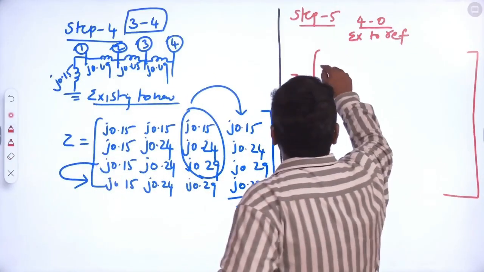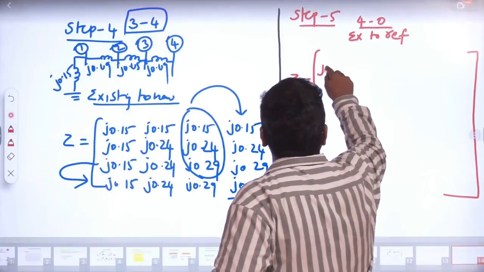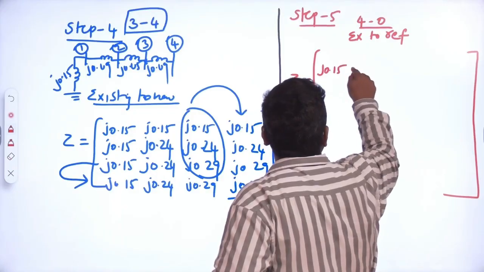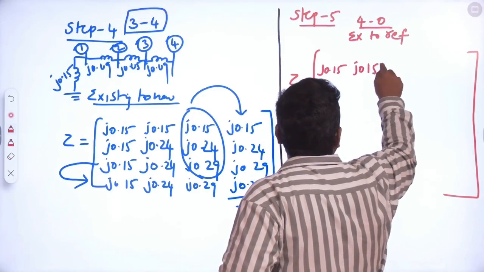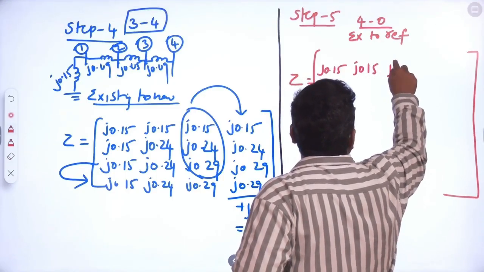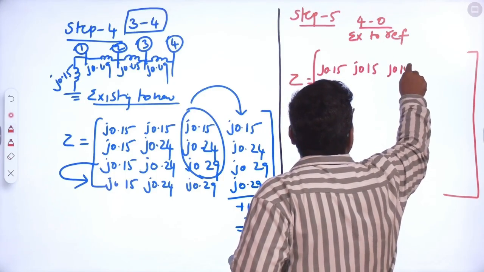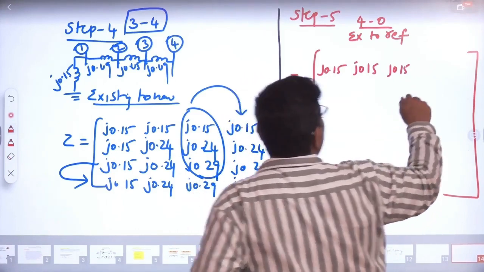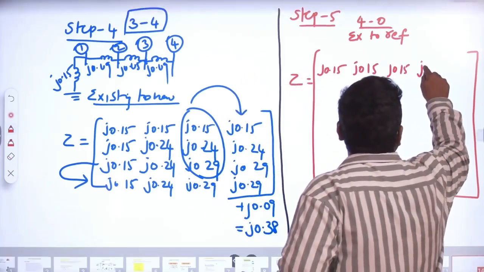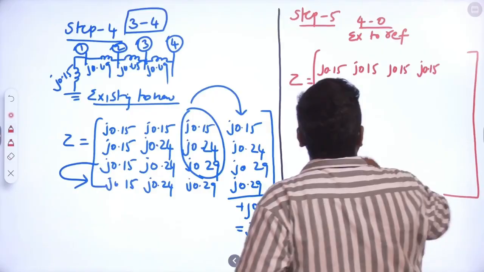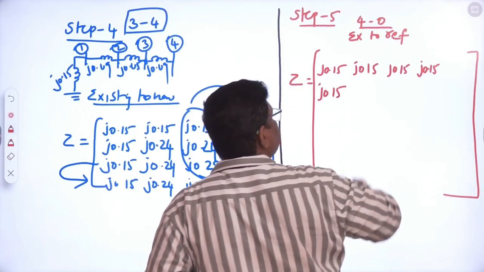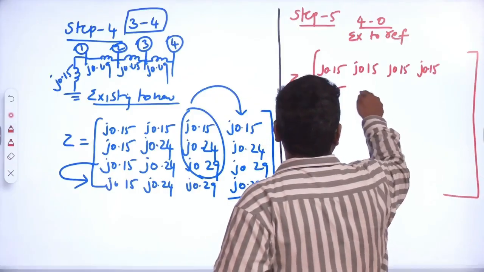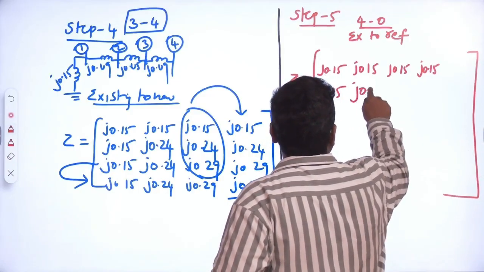First write the 4 cross 4 matrix. It is obtained in the previous result, step number 4.